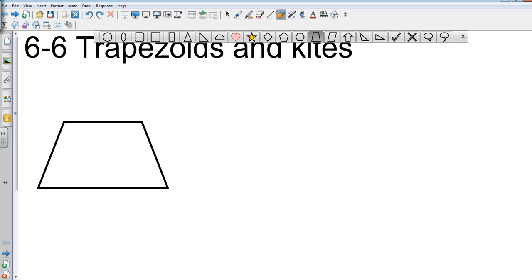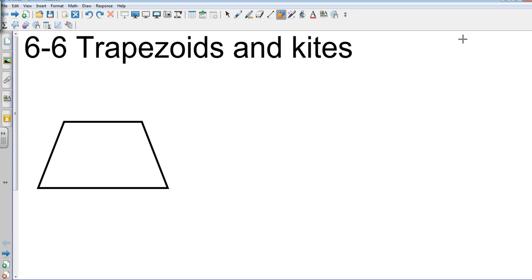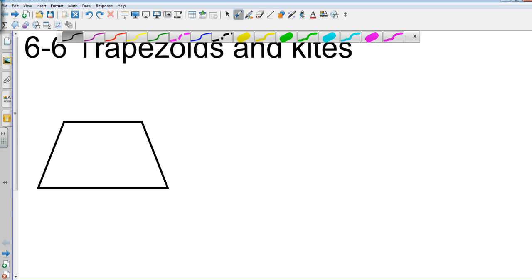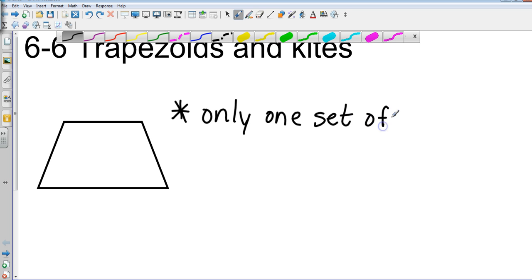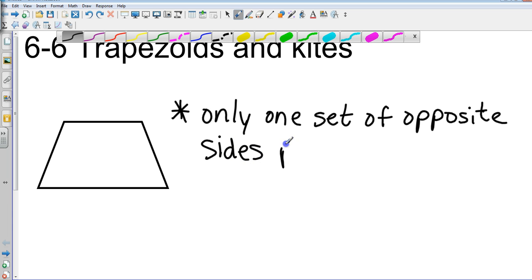It is a quadrilateral, but in this case, a trapezoid has only one set of opposite sides that are parallel. Okay, so only one set of opposite sides that are parallel.